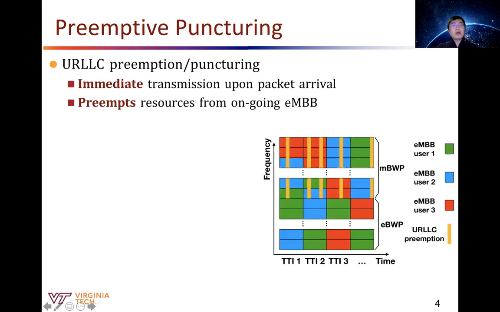For example, the figure in this slide shows the resource allocation for 3 eMBB users on the channel. In each TTI, when a URLLC packet is transmitted, a chunk of contiguous frequency resources are directly punctured from the channel, which are represented by a yellow bar, regardless of the ongoing eMBB transmissions.